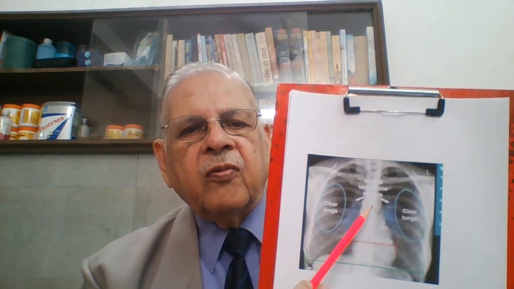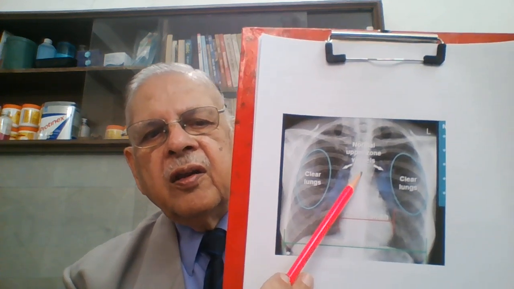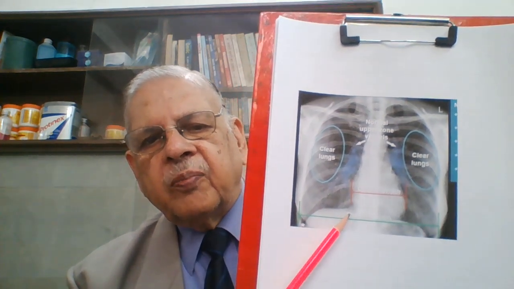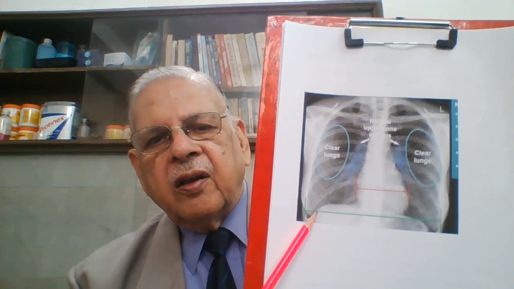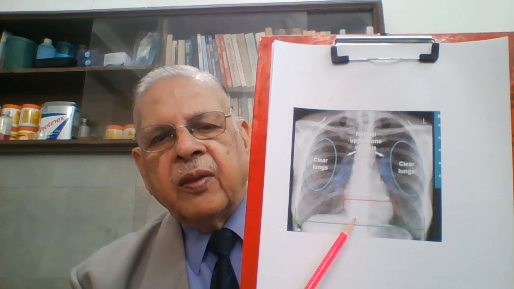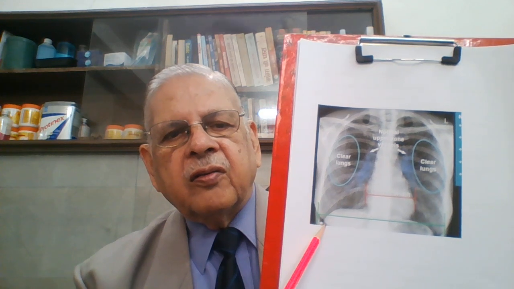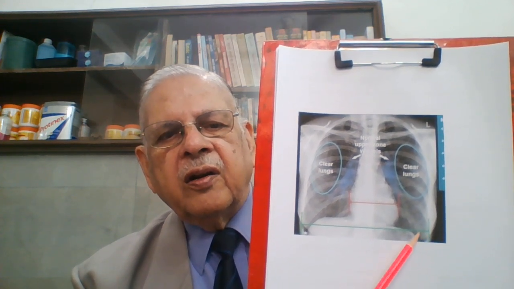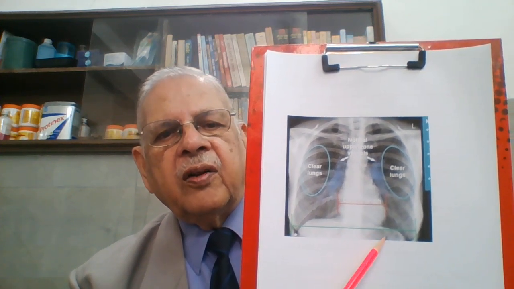This is the front bone, which is called the breastbone or sternum. This is the partition between your chest and the abdomen, that is the stomach area. This is called the diaphragm. You can clearly see these things.